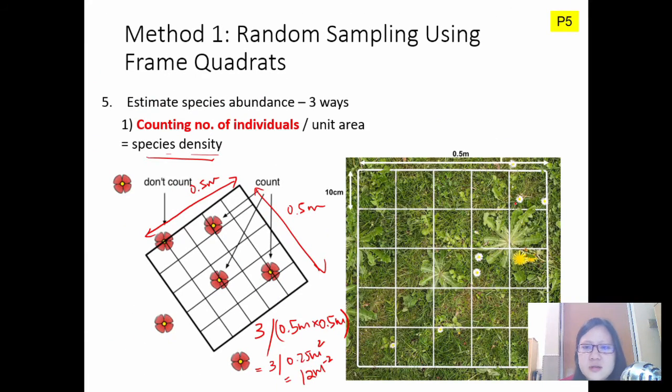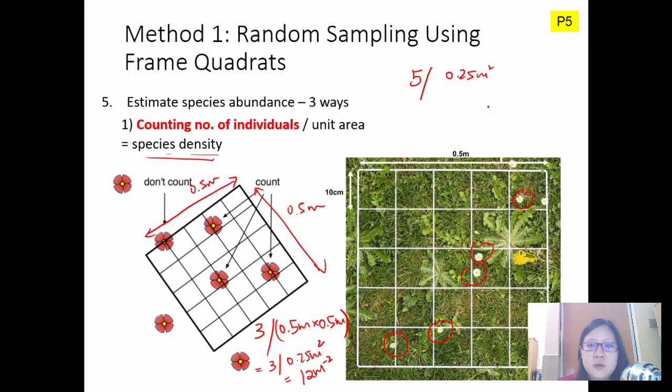But yeah, we're not going to count that. We're just going to count 1, 2, 3, 4, 5 daisies. Okay, 5 daisies, and again, to calculate species density, we're going to divide it by 0.25 meters squared, which is again the area.